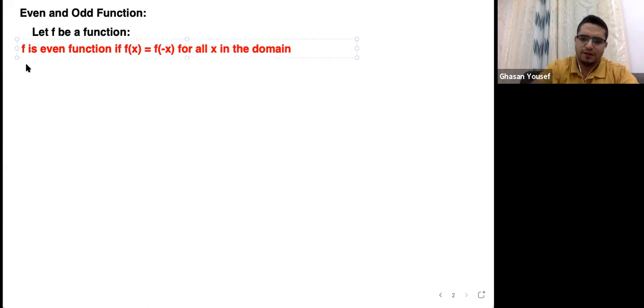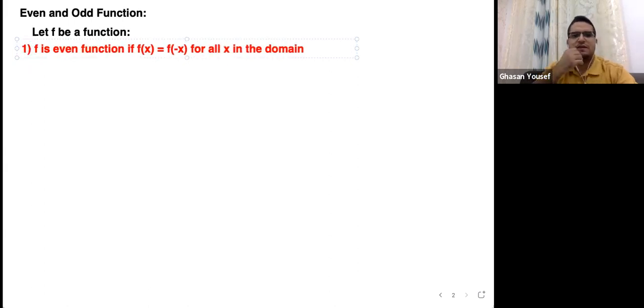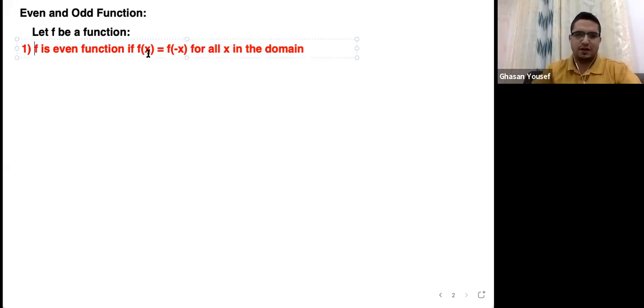So f is even function if f of x equal f of minus x for all x in the domain. So we have to check if f of x equal f of minus x. Then we're going to say the function f is even function.